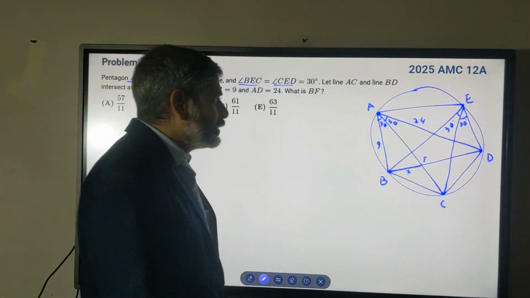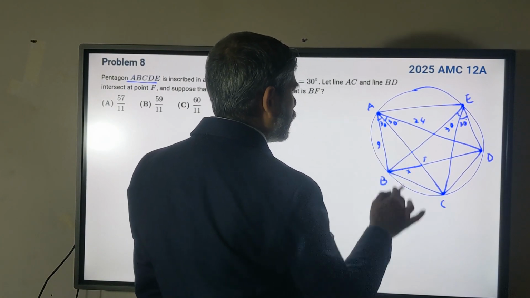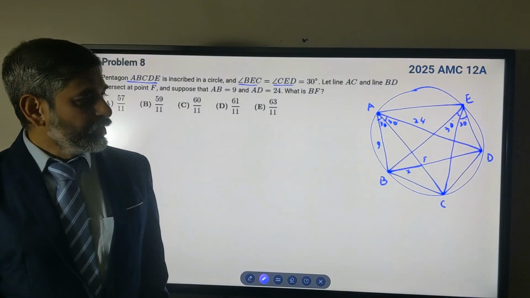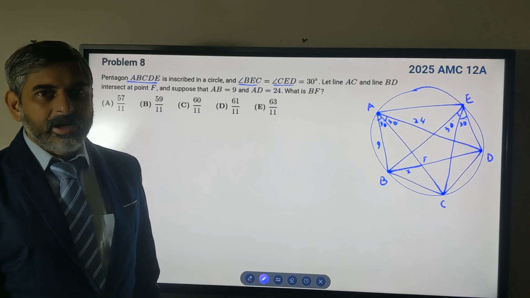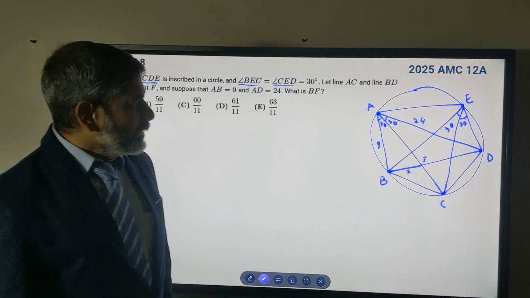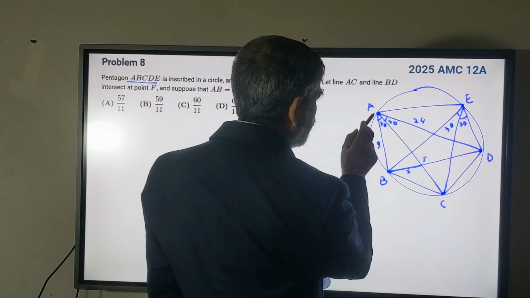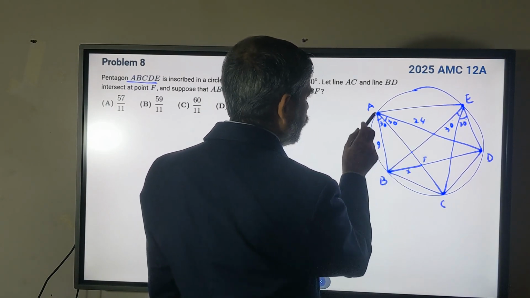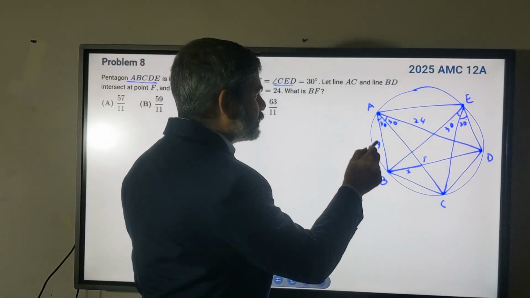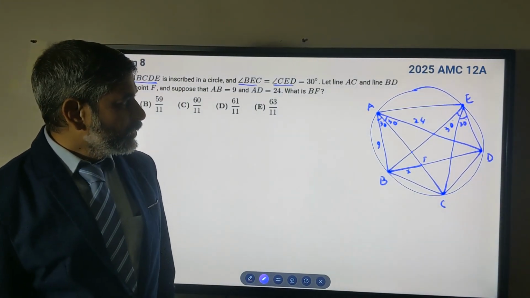Now at this point we have a few more data points around this side BF that we are trying to find out. So one key thing we need to look at is, in this triangle we have 9 and this angle. So we have at least three data points that we can work upon.